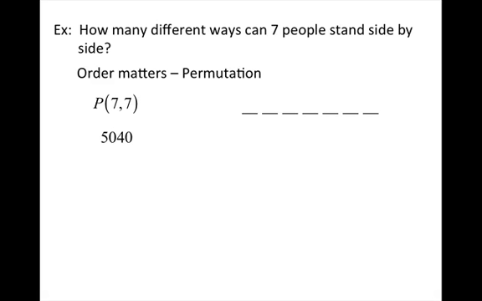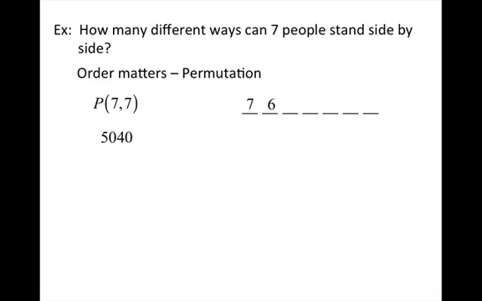If you remember from a previous lesson, I did a lineup by drawing the blanks. You could also work the problem this way. This is a problem where you have the option of using the permutation or drawing the blanks. If I have 7 people to choose from, for the first position, I have 7 options. After I place one person in line, I have 6 left to choose from for the second position.